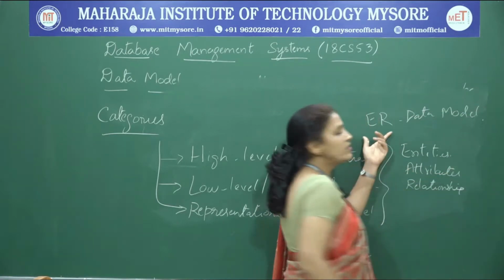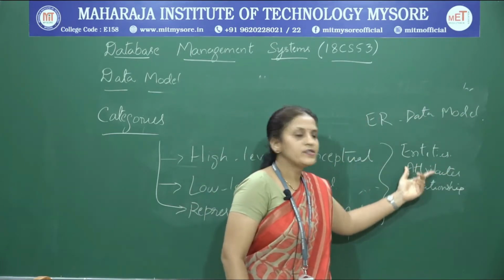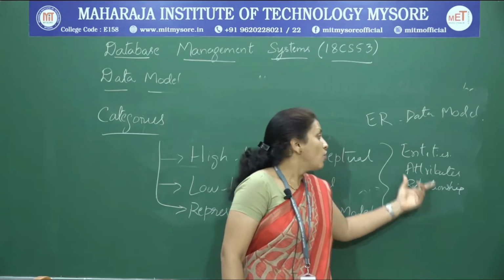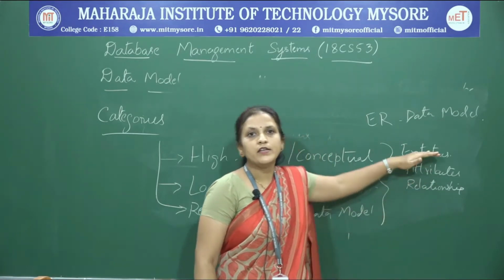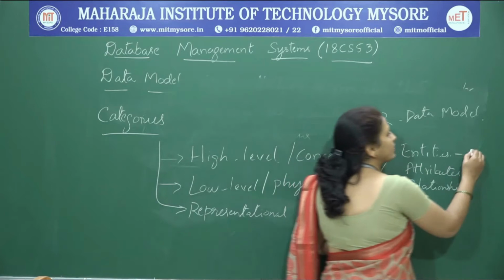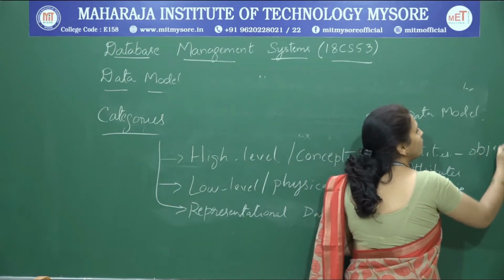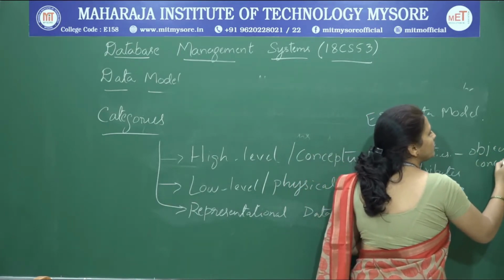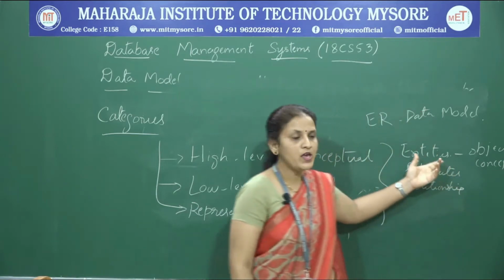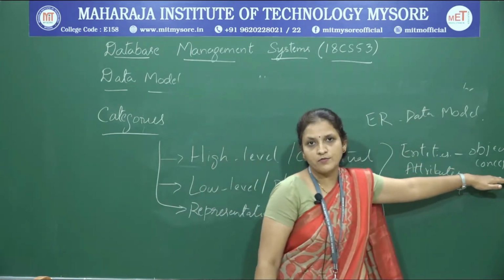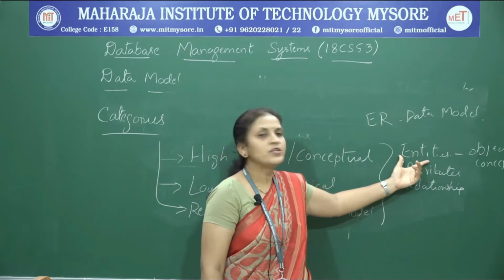Here everything speaks in terms of entities, attributes, relationships. What do you mean by entities? Entity is nothing but an object or concept which is in the real world. Okay? An object or a concept in the real world constitutes an entity.